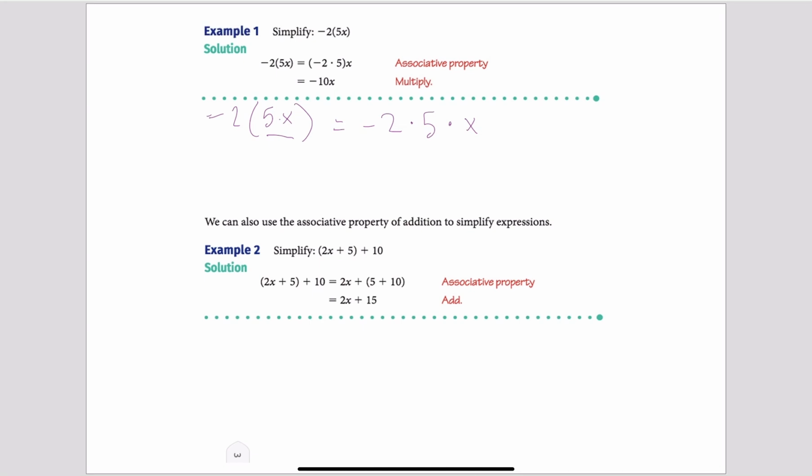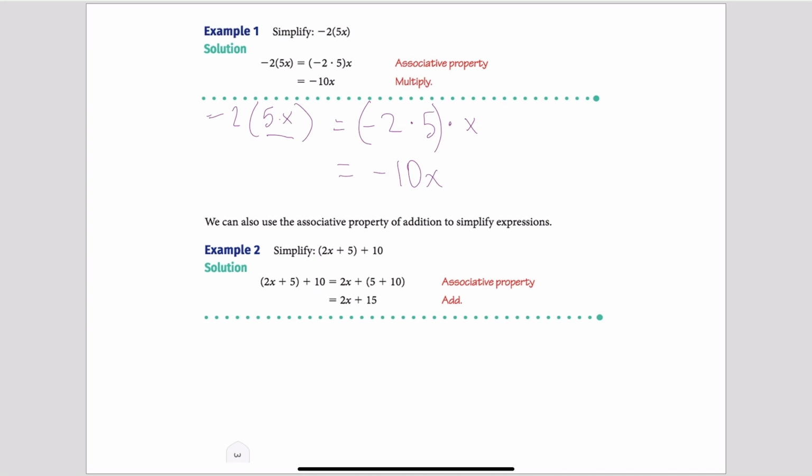Negative 2 times 5 is negative 10. If you were to associate negative 2 and 5, then you could actually do the multiplication, and that's what we want to do. So negative 2 times 5 is negative 10x, and that's the simplified version of the original problem.